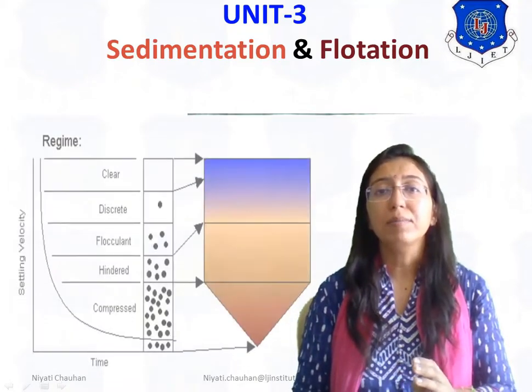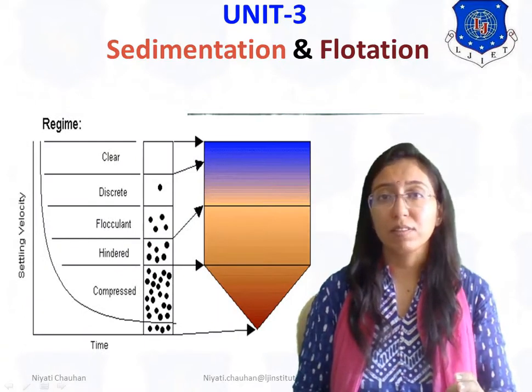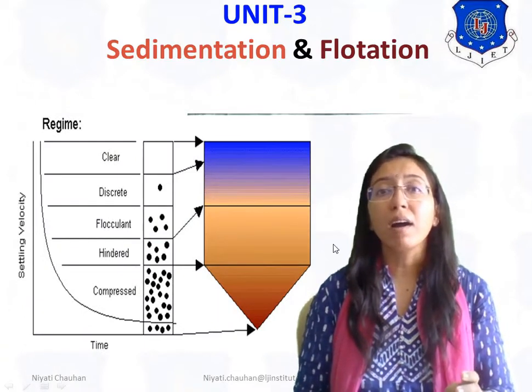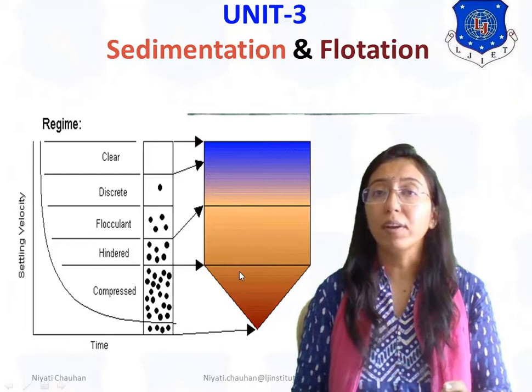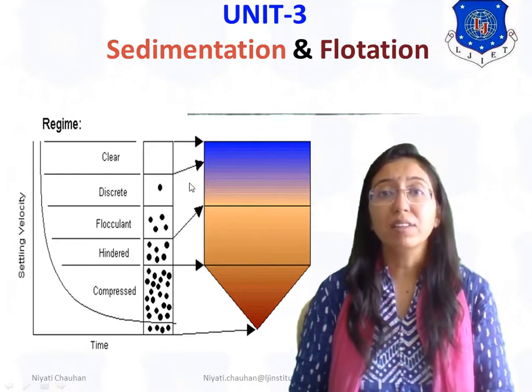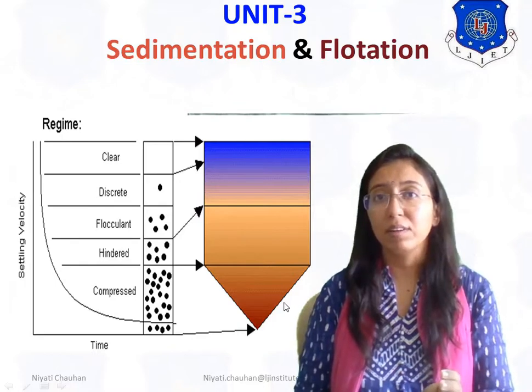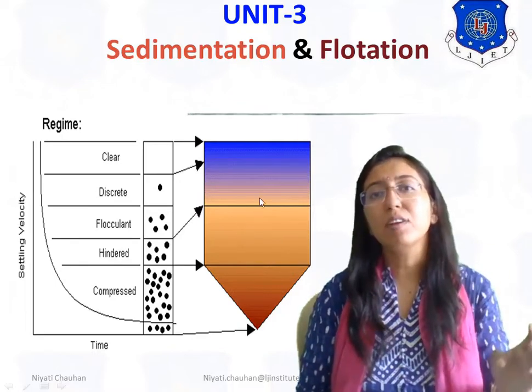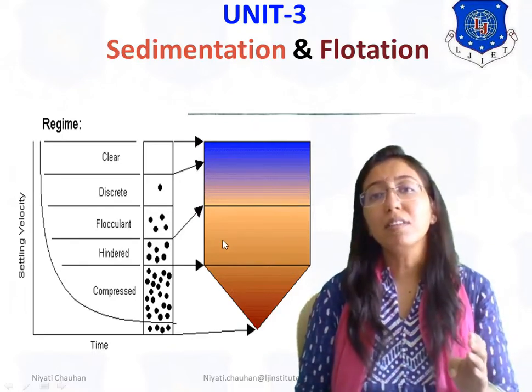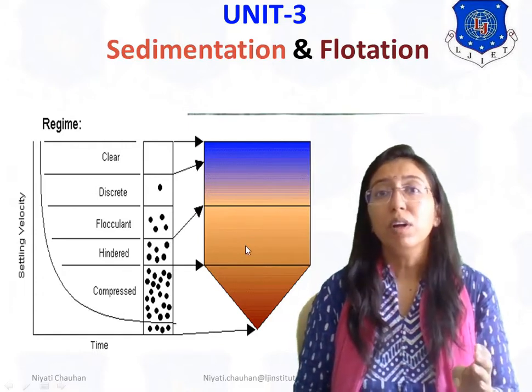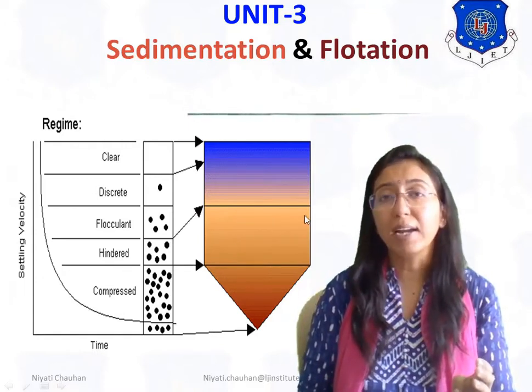We know that in the settling process, particles settle down at the bottom, and this process is known as sedimentation. So in the sedimentation process, particles settle down, and there are different types of settling.